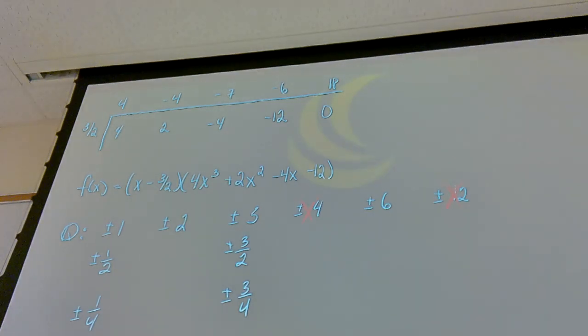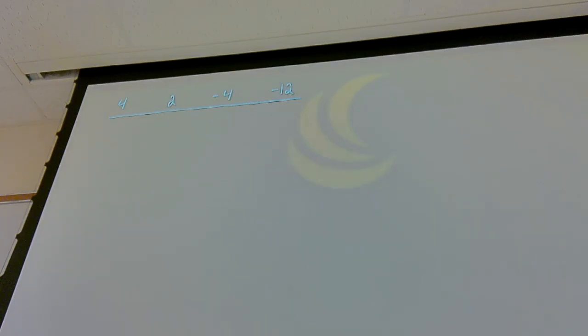So I'm going to look at the positives here to test. And I don't know, 3/2 worked out pretty well for me last time. So let's try it again. Remember, there's no rule that says it can't happen more than once. So 3/2 could still be a possibility.